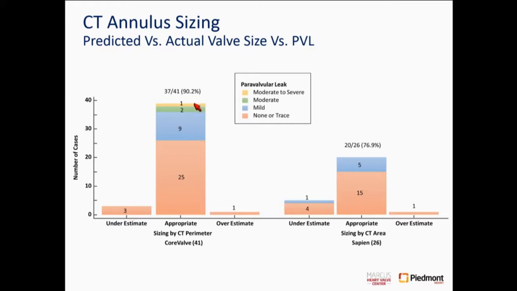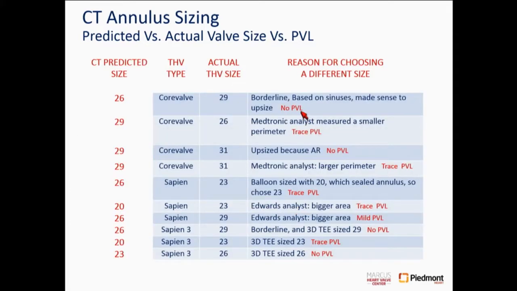And even in these patients, however, the PVL was none or trace. In the SAPIEN valve, the same. The CT did extremely well in terms of predicting the annular size, with very few patients in whom there was underestimate by CT, and yet the PVL was not that significant. And these are some causes of the specific discrepancies that we saw.